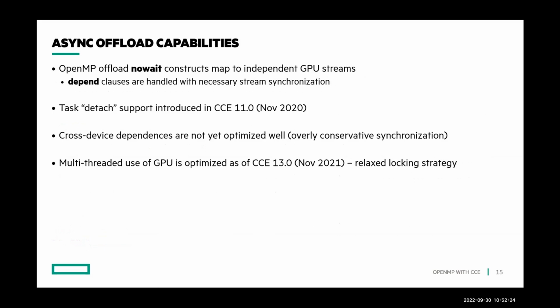With depend clauses, we will map those to different streams, and we have logic to do that. So if you have a bunch of different device constructs with depend clauses, we'll enqueue operations to the streams. We'll add the necessary wait operations into the streams to join the various operations and get the ordering that you would expect. So that works really well.